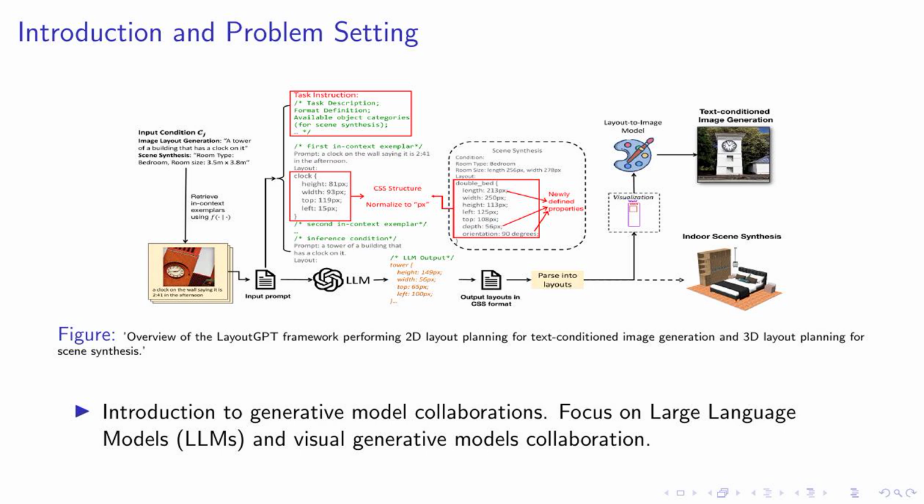This innovative approach enables LLMs to perform 2D layout planning for text-conditioned image generation and 3D layout planning for scene synthesis. This collaboration opens up new possibilities, allowing LLMs to generate plausible visual arrangements, thereby enhancing image compositions and user efficiency. It's a significant stride towards a unified system for multimodal tasks.